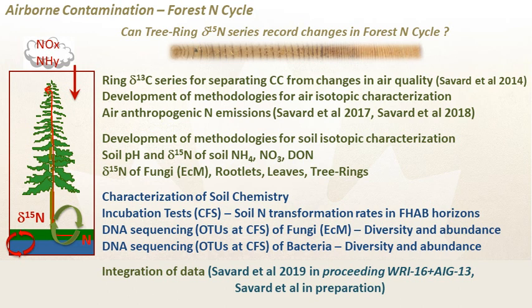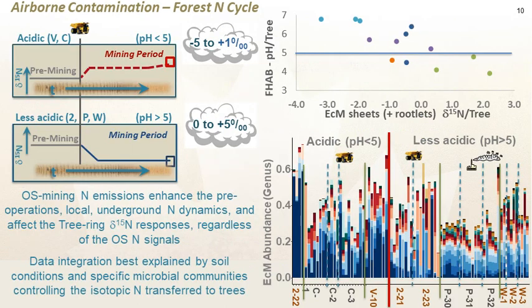So in the integration of data that we are doing, I don't have time to go through all the results, but if you go from the soils to the roots to the stem and the tree rings, and you're trying to see what controls their signal, we see that pH controls the rate of transformation of nitrogen.